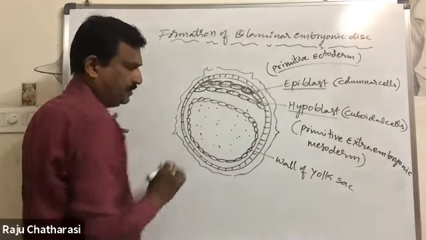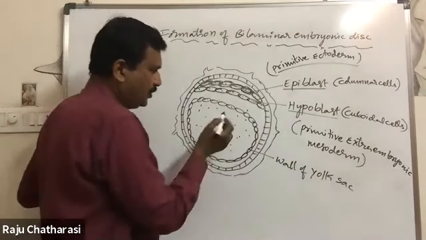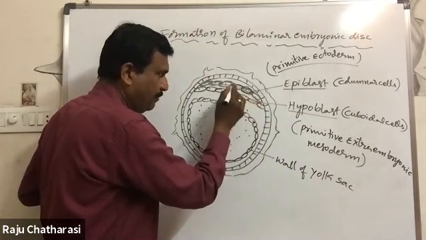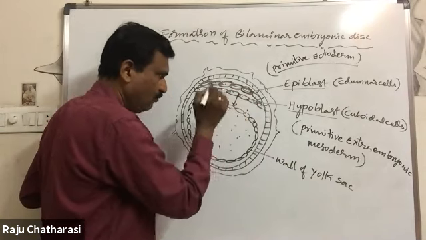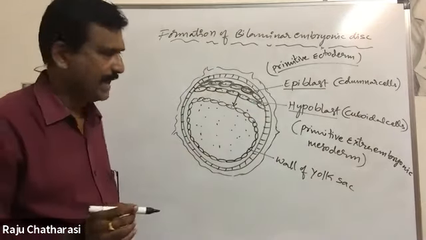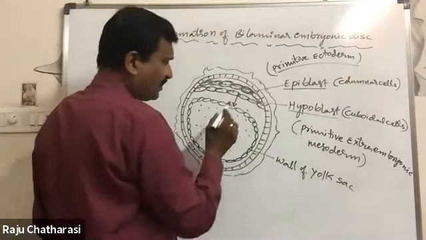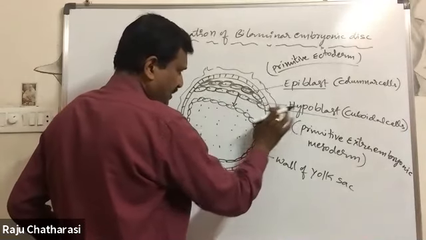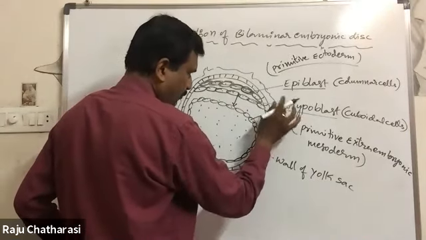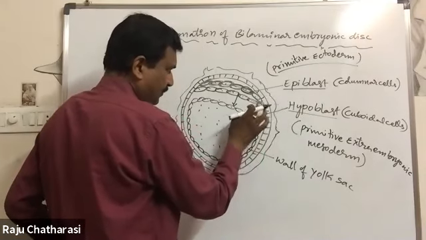So this is hypoblast only. Hypoblast is pushed down to form the wall of the yolk sac. Next, the position of this hypoblast.